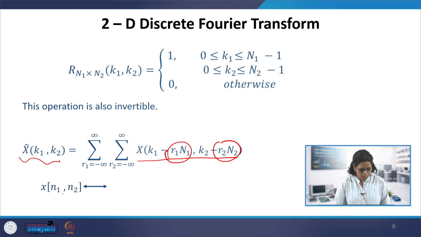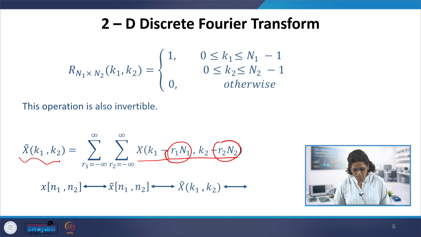So from the sequence x of n1 comma n2, we can get the x tilde of n1 comma n2, or if you know the periodic sequence, multiplying it by the rectangular function, we can get back x of n1 comma n2. From this x tilde periodic sequence, we apply the DFS, get the frequency domain coefficients, and multiplying these by r of k1 comma k2, we get x of k1 comma k2.